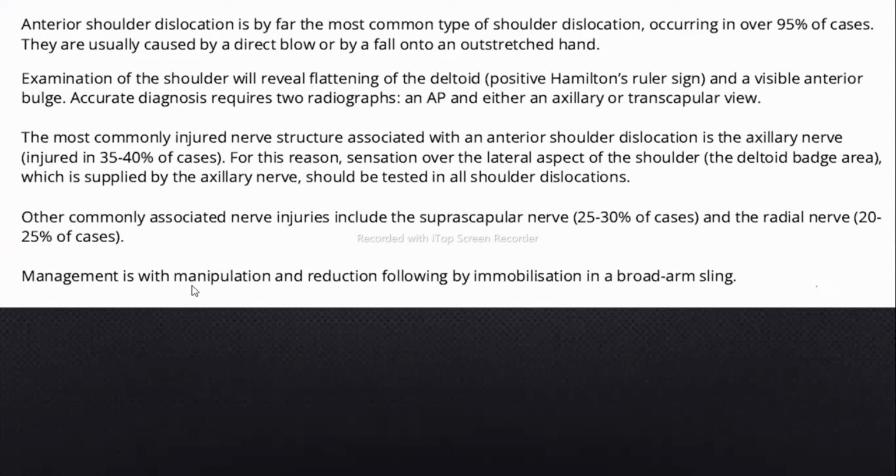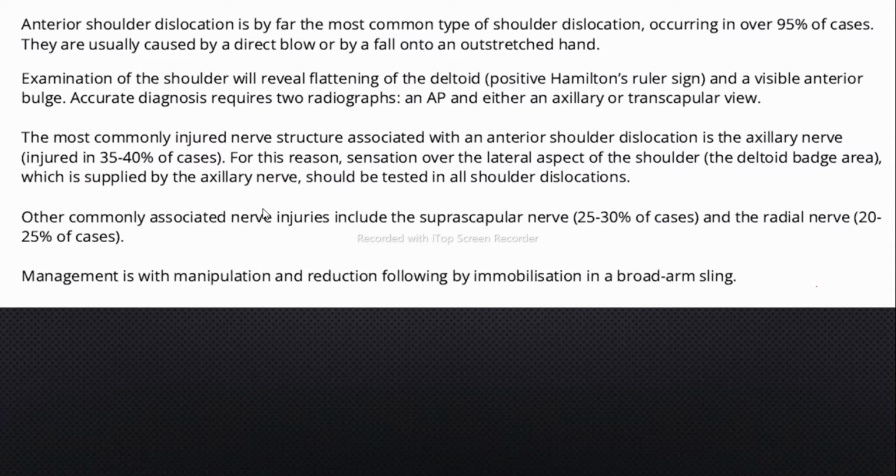What about the management? Reduction, rotation or modified manipulation, followed by immobilization in a broad arm sling. So be familiar with each point.